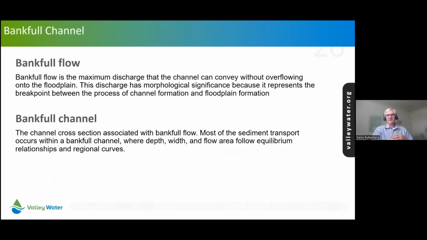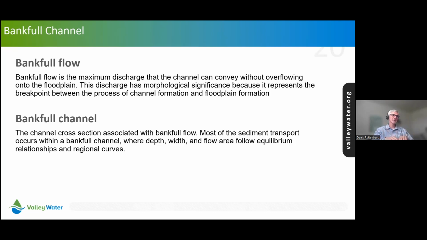What is a bankfull channel and why does it matter? Maybe these are wordy descriptions of bankfull, but the notion of bankfull is the channel where the maximum work takes place, the maximum amount of sediment moves in a channel. It's morphologically significant because most of the sediment is being transported in this bankfull channel.